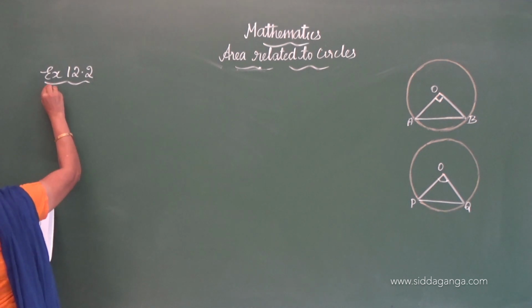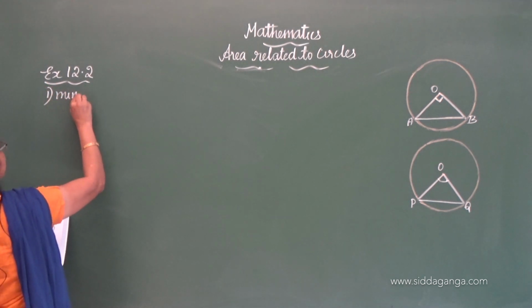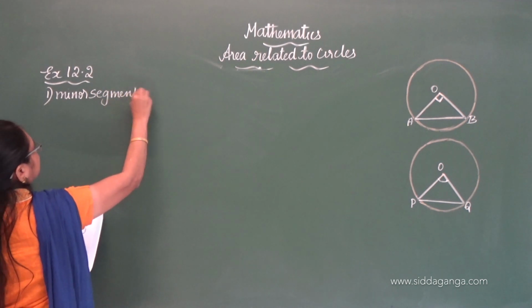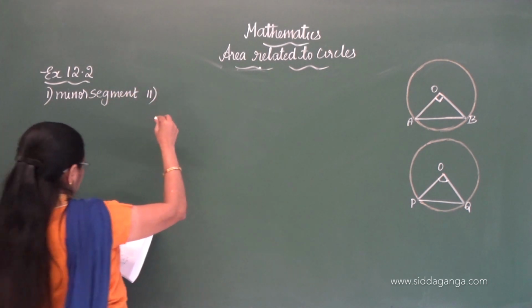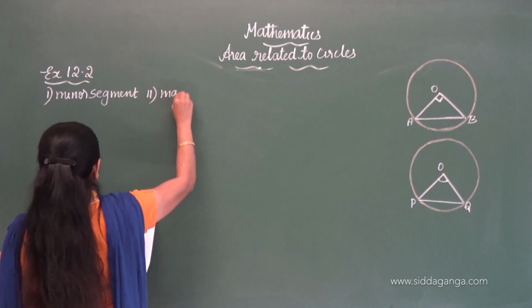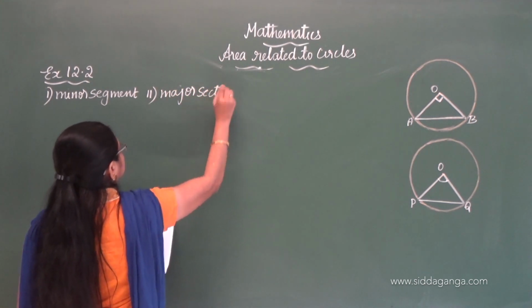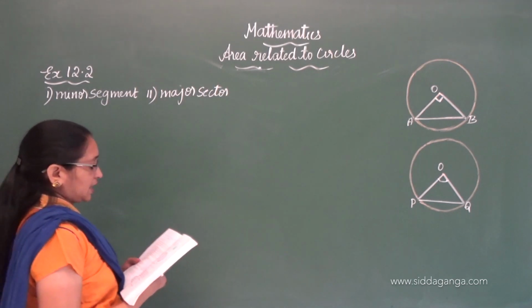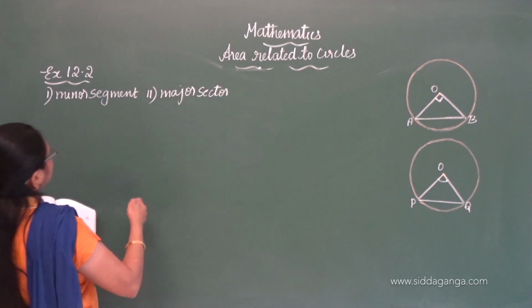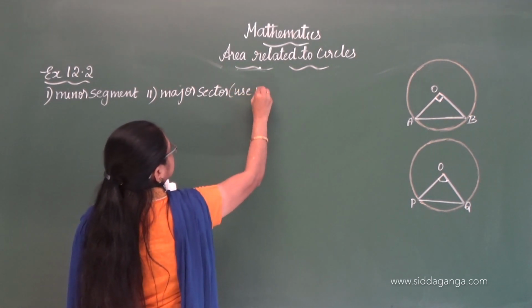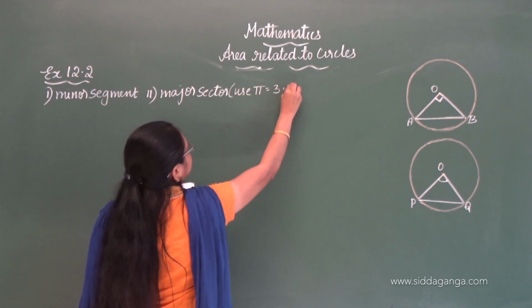So the first one you have to find is the minor segment, and the second one you have to find is the major sector. And very important, you have to note here, you have to use pi is equal to 3.14.